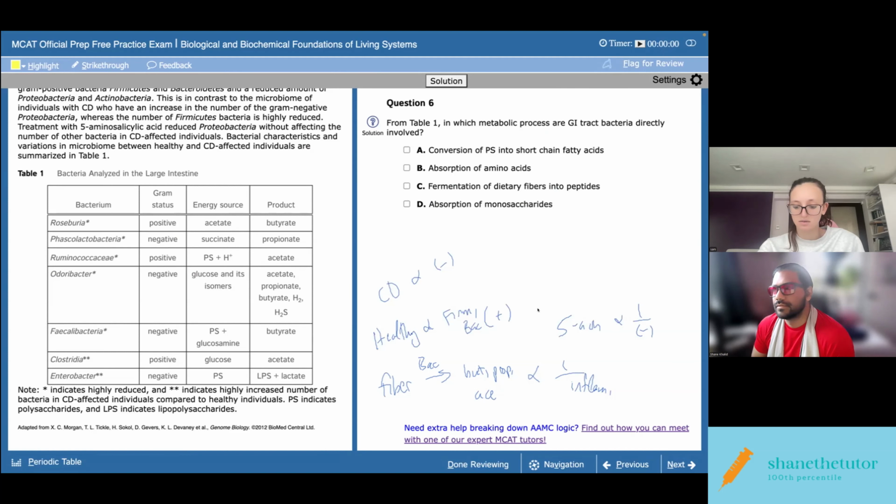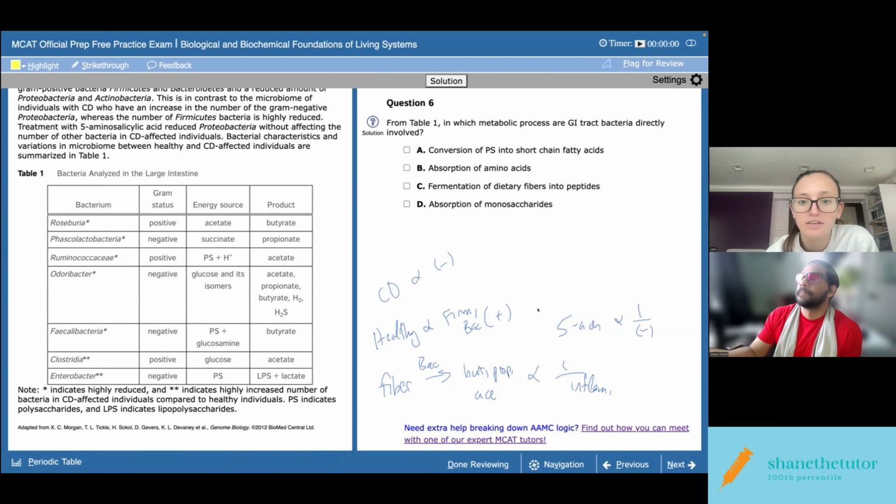I guess I would look at the table and look at the energy source and the outputs and see what information we're able to draw from that to answer the question. It's taking acetate and whatever else.